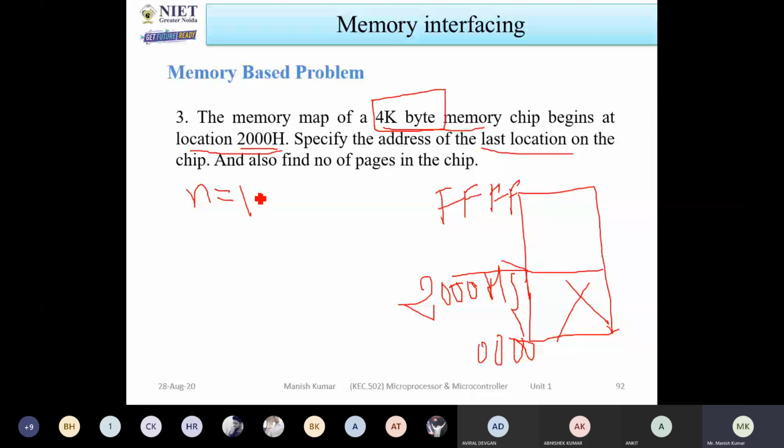With the 4 kilobyte, you can convert this 4 kilo into 2 to the power n. You are getting 2 to the power 12. So n value is 12. Correct? Now these are the address lines.